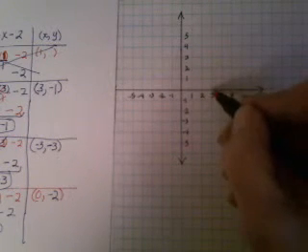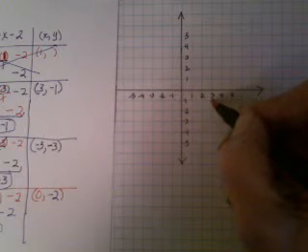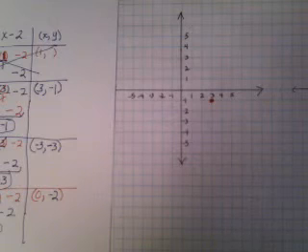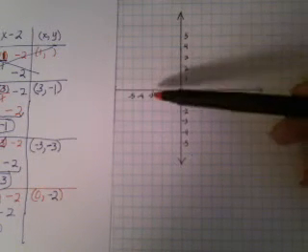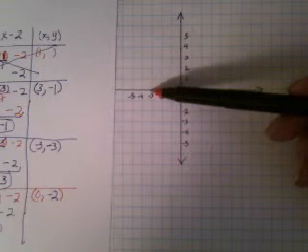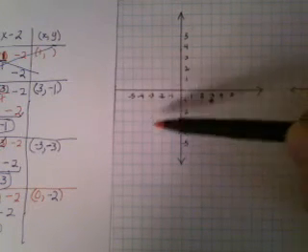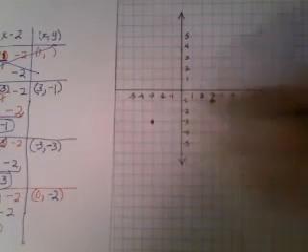So I find 3 on the x-axis, negative 1 on the y-axis. Right there is where those two meet. Then I have the point negative 3, negative 3. Well, negative 3 on my x-axis, and down 1, 2, 3 to negative 3 on my y-axis. Where those two meet is right there.